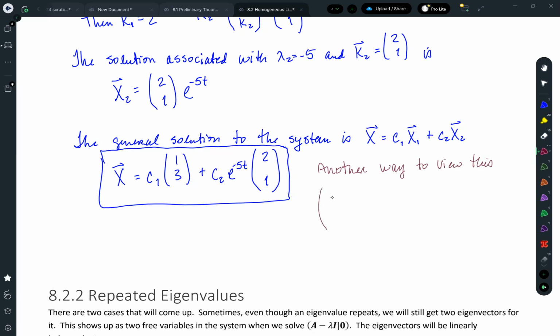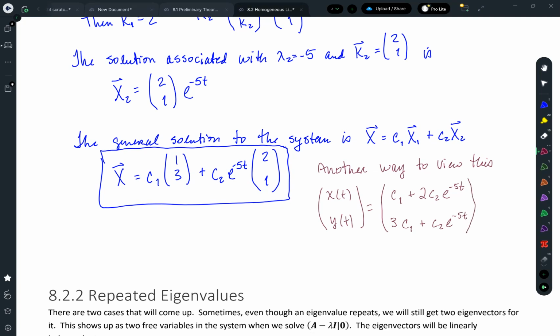That x vector has components x of t and y of t, and it's equal to, now if we were to combine all the parts of the c1x1 plus c2x2, the first row becomes c1 plus 2c2 e to the negative 5t. The second row becomes 3c1 plus c2 e to the negative 5t.